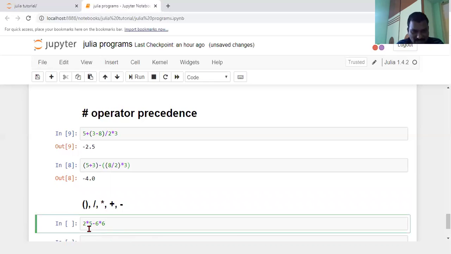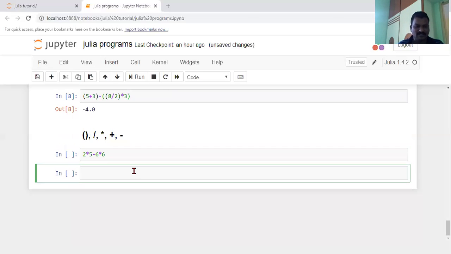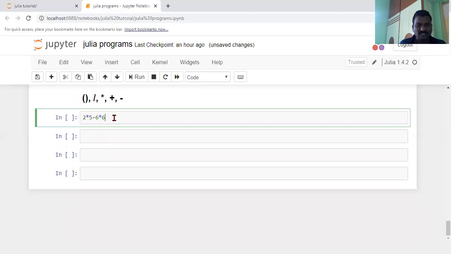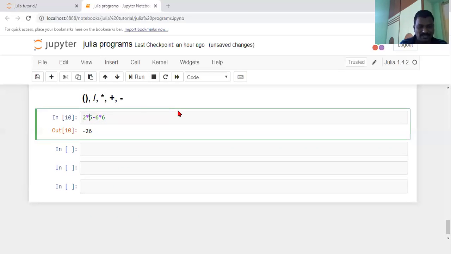Here, consider it as 2 into 5, 6 into 6. 2 into 5 is 10, minus 6 into 6, 36. The value here is minus 26.